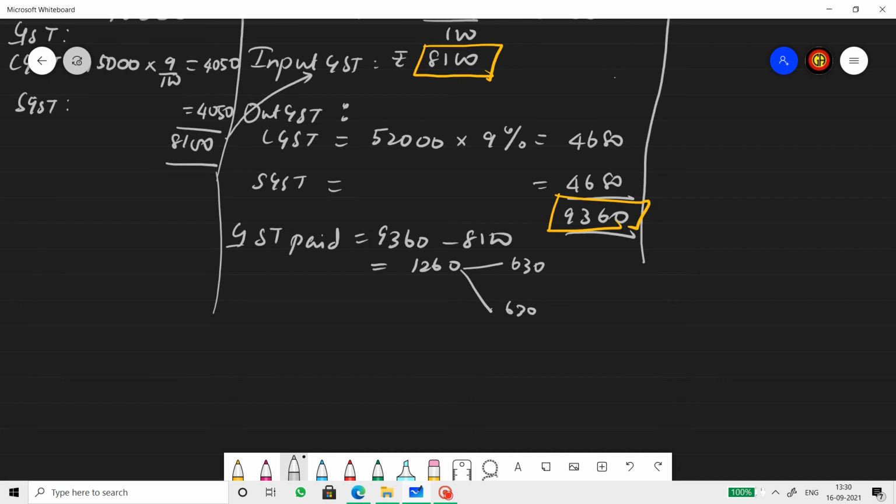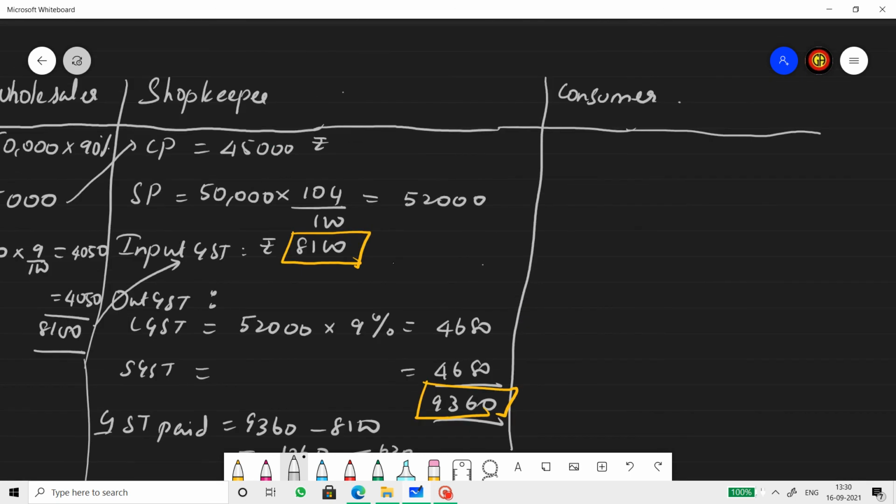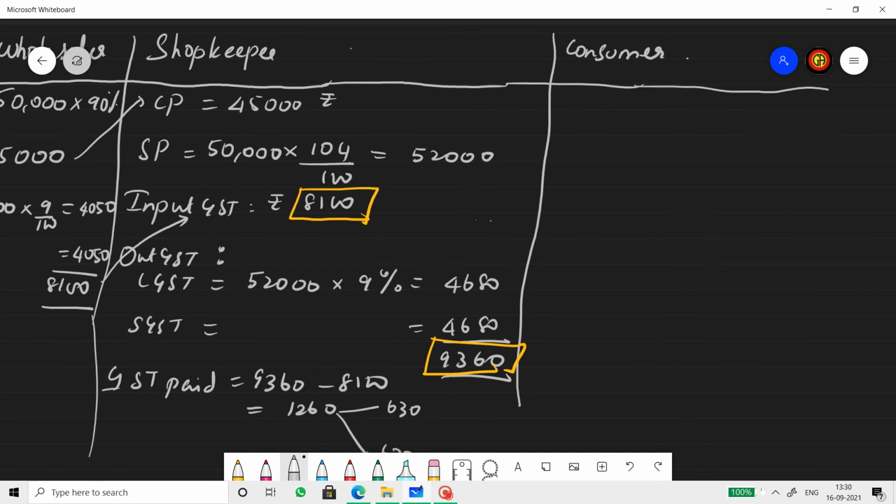All right. Now let's go to the consumers. Consumer's cost price is shopkeeper's selling price. So it's 52,000. GST is the GST collected by the shopkeeper, which is 9,360.